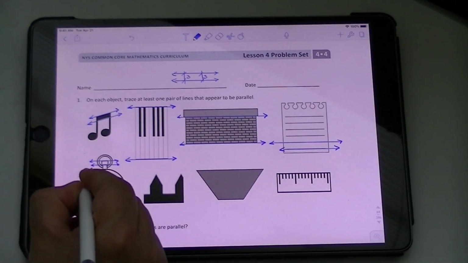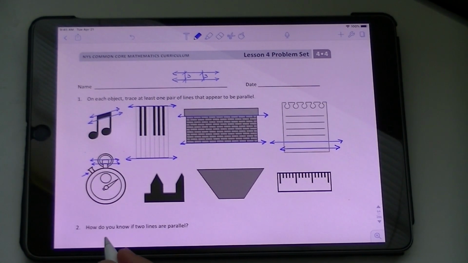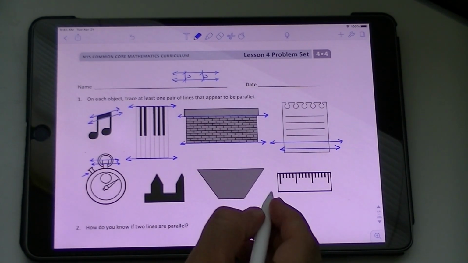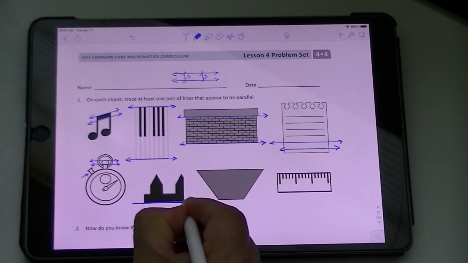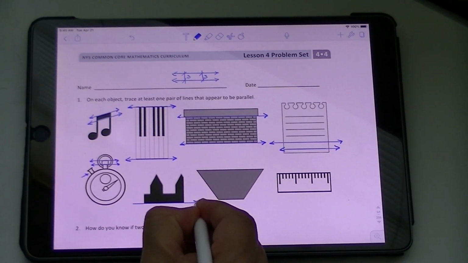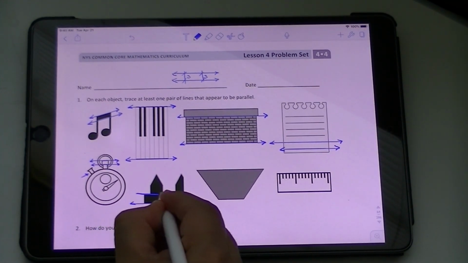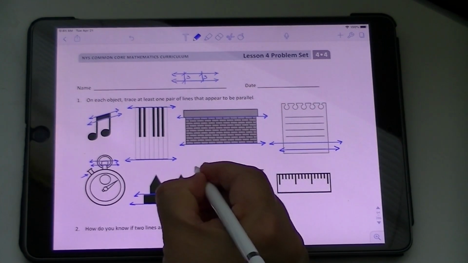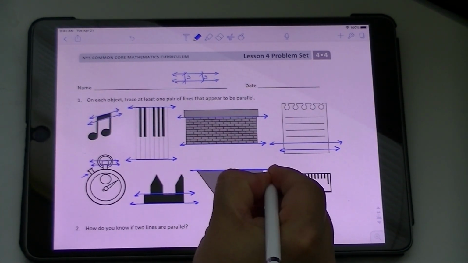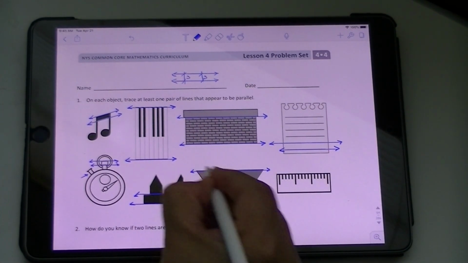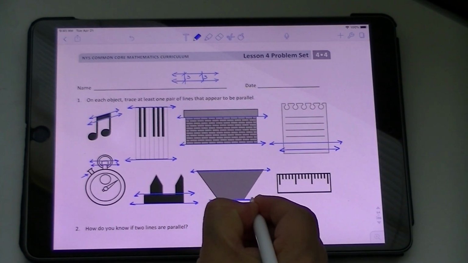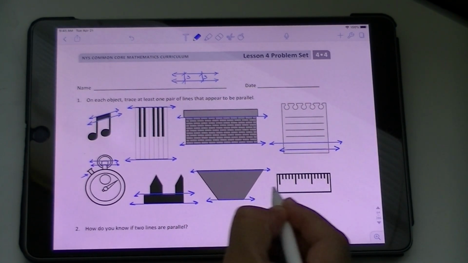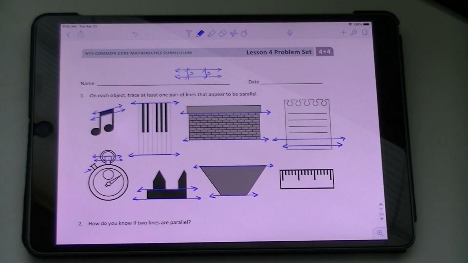There's another one here, and that's about it. On this figure, there's one down here, and the other one here, and the trapezoid. And well, you can do the ruler.